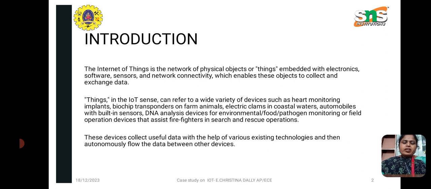Suppose we want to monitor a patient's heart, or biochip transponders on farm animals, or electric clams in coastal water, or the automobile sector, where vehicles are connected with various types of sensors. In the case of environment or food pathogen monitoring, it will be useful for analysis, operations, and so on.